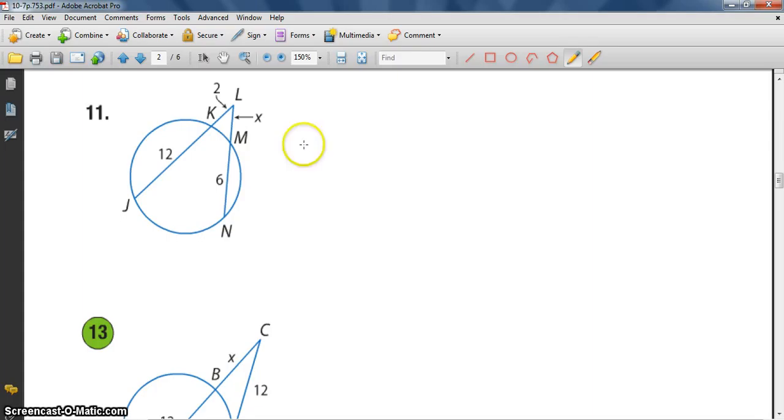On number 11, we have two secant lines. So a secant is a line that intersects the circle in 2 points. So we have two secant lines.